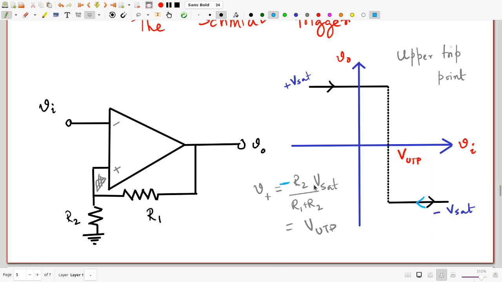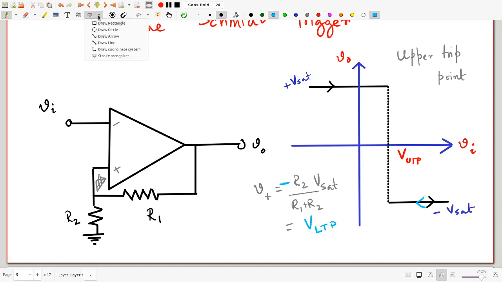So V plus is now minus R2 Vsat by R1 plus R2. What that means is this is no longer VUTP, a different voltage, a negative voltage actually, and that's called VLTP. That's the lower trip point.